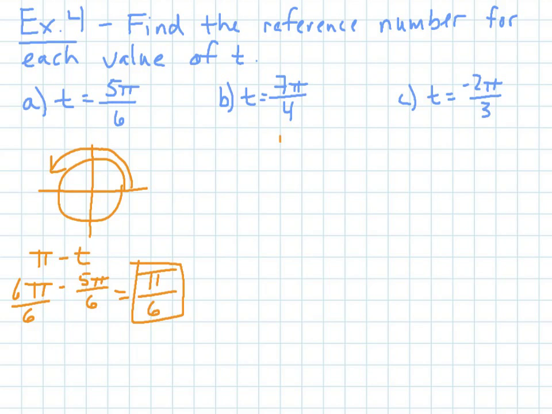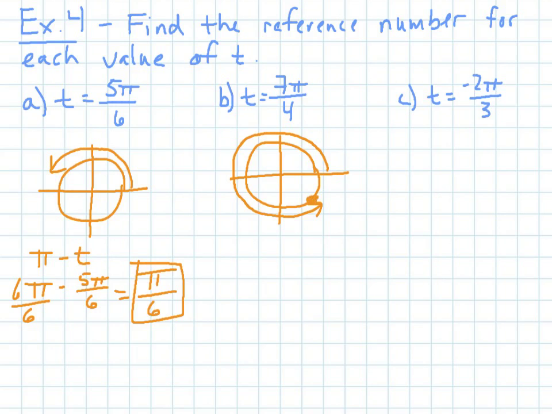Okay, next one. Here you have 7 pi over 4. Okay, so in the first quadrant you have pi over 4, second quadrant 3 pi over 4, third quadrant is 5 pi over 4, and then the fourth quadrant, you have 7 pi over 4. So you'd be stopping right there.